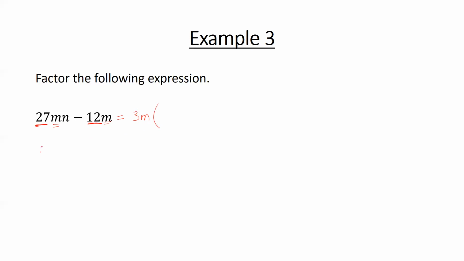Now, when you divide 27mn by 3m, the m's cancel. 27 divided by 3 is 9, so that's just 9n. Minus, if we divide 12m by 3m, the m's cancel. 12 divided by 3 is 4. And so our answer is 3m times 9n minus 4.